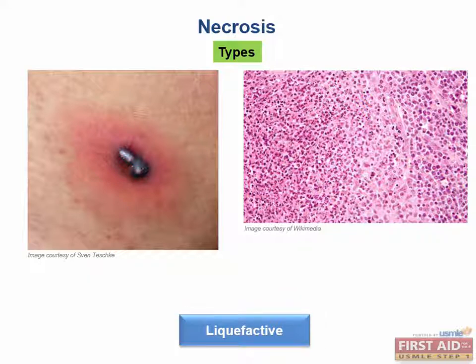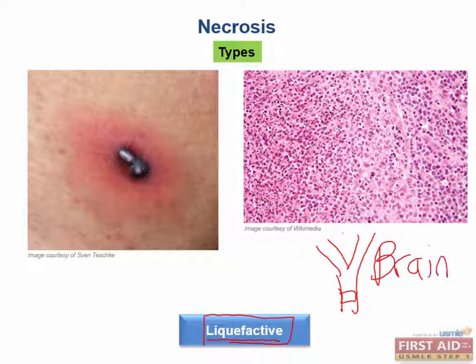Now there is one type of tissue that undergoes liquefactive necrosis even when there's a clot in the vasculature supplying that tissue. So there's a clot, and this tissue will undergo liquefactive necrosis. What is this tissue? What am I thinking of? It's the brain, and you have to know this for your USMLEs.